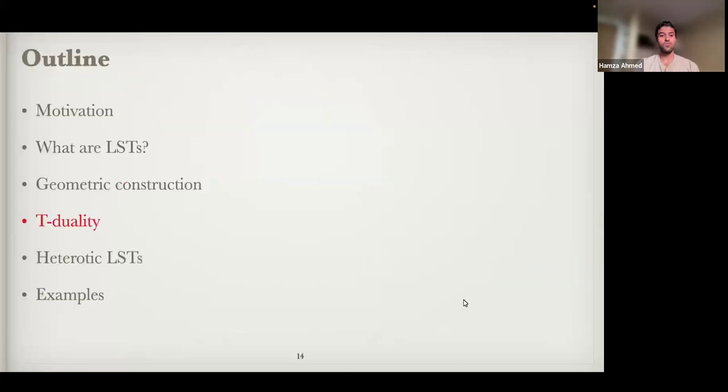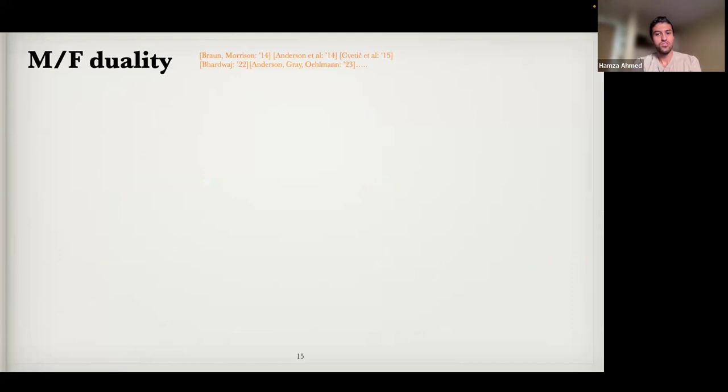Now let me define geometrically what I mean by T-duality. To do this, I first have to define what F theory duality is. Remember, I want to look at the 6D theory and reduce it on a circle. I've only given you the geometrization of the 6D theory.